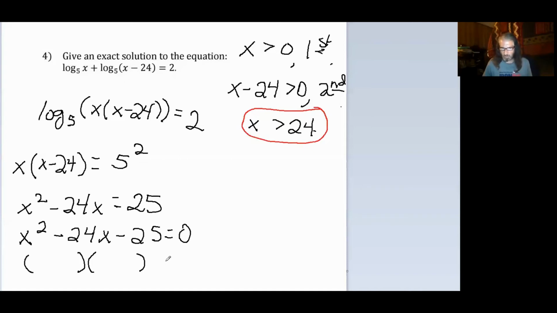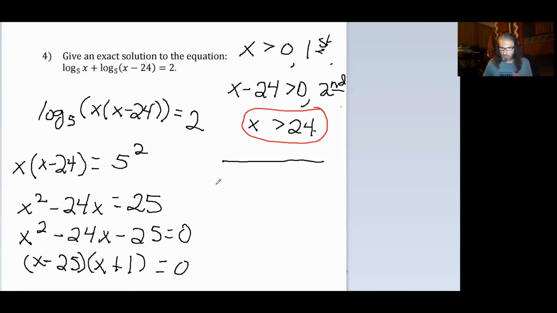It's not the case for all quadratic equations, but since that's a 1x squared, I know I'm looking for a pair of numbers with a product of negative 25 and a sum of negative 24. And the two numbers that'll do that I'll put in the parentheses for the x's are negative 25 and positive 1.